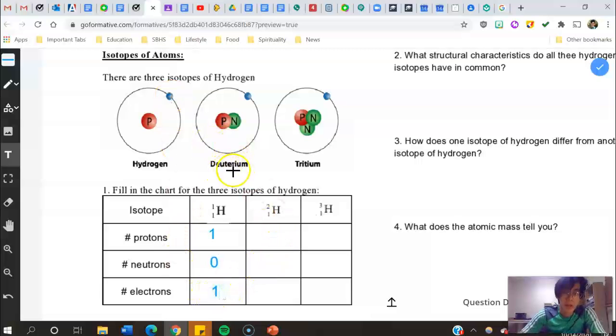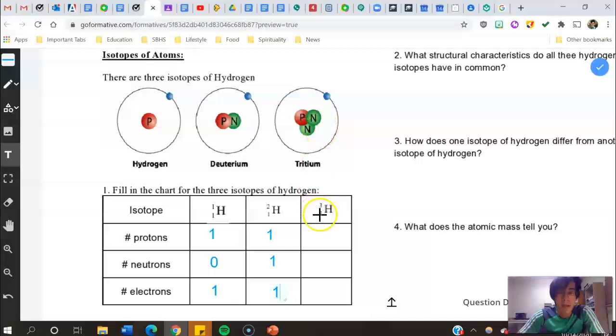Alright, deuterium, which is the second isotope of hydrogen, as we see here, only has one proton. We'll put 1 there. And then there's an added neutron there, so put it right there. As you can see here, the atomic mass increased by 1, so now it's 2. So 1 plus 1 is 2. And then it still has 1 electron, so we just put 1 right there.